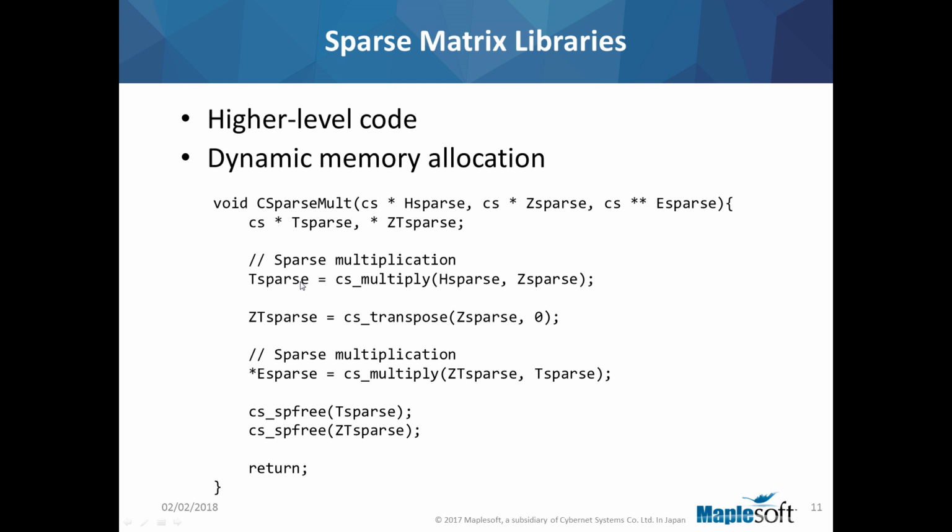It's rather intuitive to write. But we can see that this multiplication step has allocated some memory, and that memory needs to be freed later on. This is really the telltale sign that we're using dynamic memory allocation here, because if I didn't free these, then the program would have a memory leak.